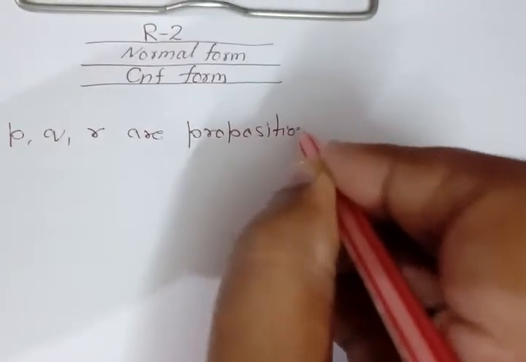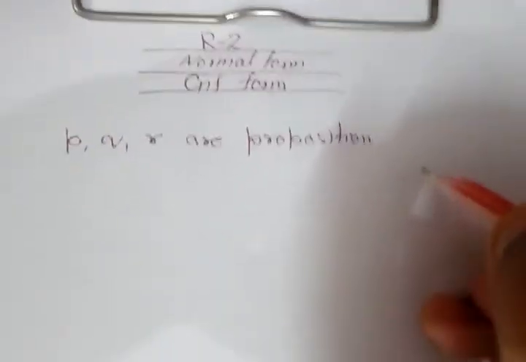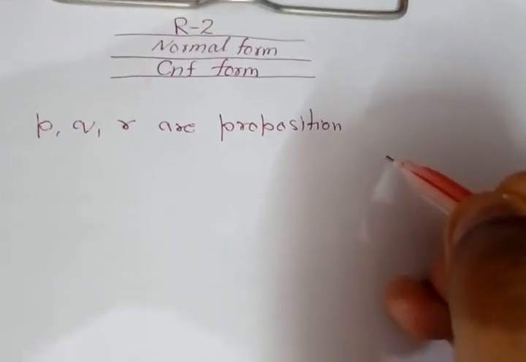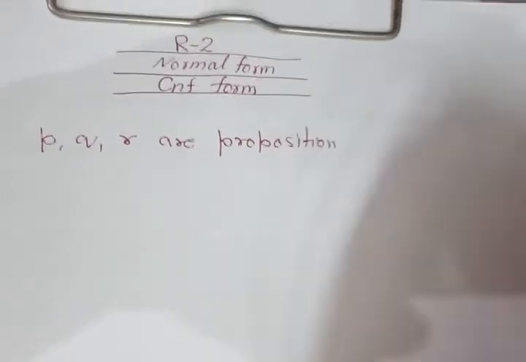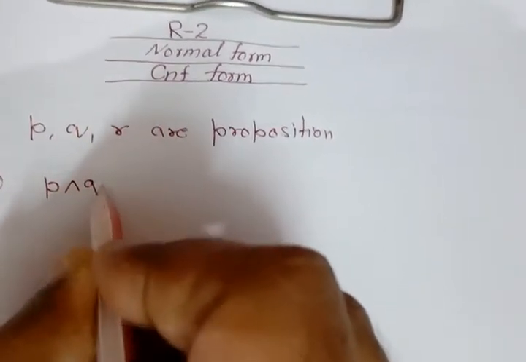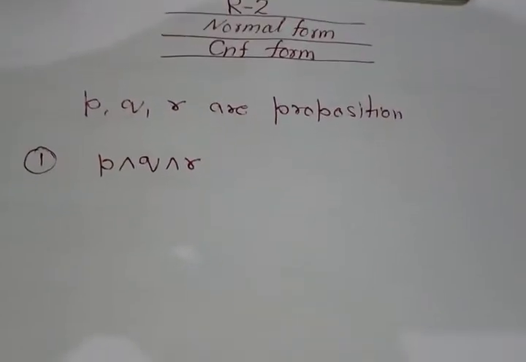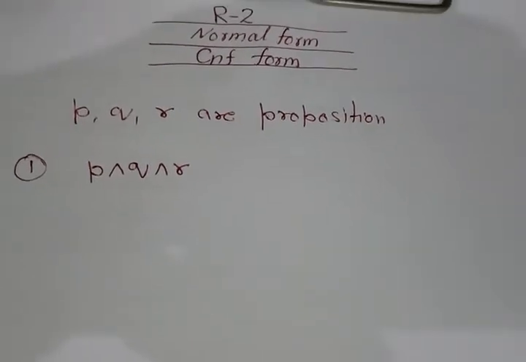For it, let small p, q, r be the propositions. Then there are two ways in which a compound statement is said to be in conjunctive normal form. Number one, if the propositions are in this form, then P conjunction Q conjunction R is said to be CNF form.